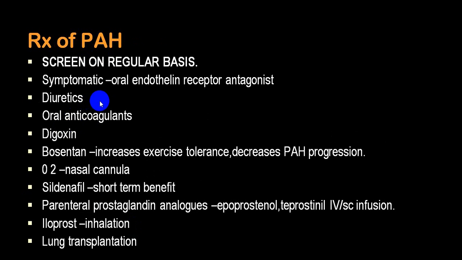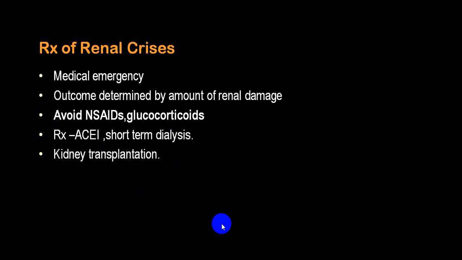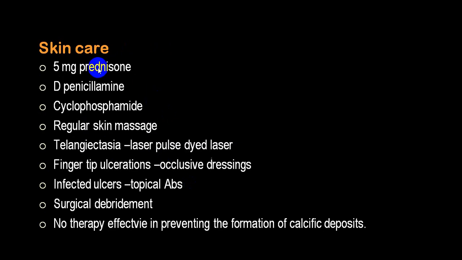Pulmonary hypertension, mainly CCB is very frequently utilized, diuretic, oral anticoagulant, digoxin, etc. Sildenafil, all those for pulmonary hypertension. Renal crisis, mainly glucocorticoids should be avoided. ACE inhibitor is the first drug of choice. For skin, steroid, penicillamine, cyclophosphamide, etc. And for telangiectasia, lesser.